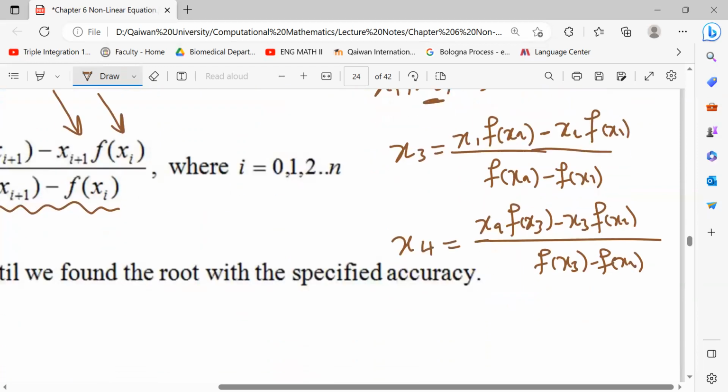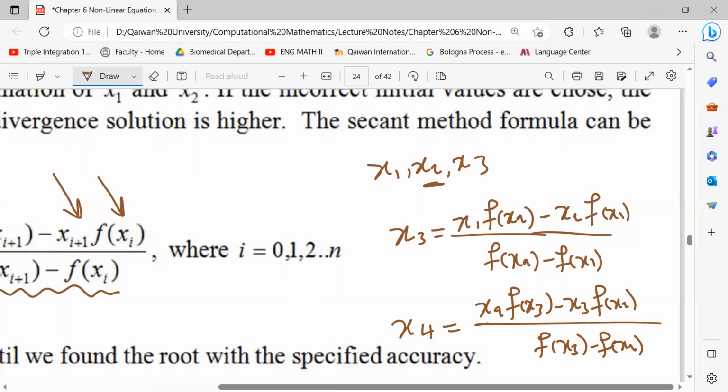Then for finding x5, now that we have x4 also, we use x3 and x4 and apply the same formula. Okay, that's it.